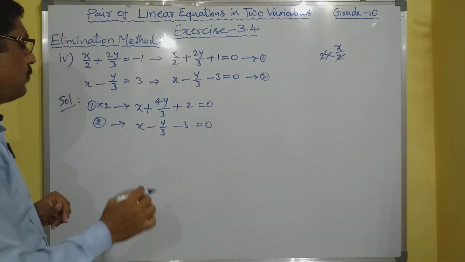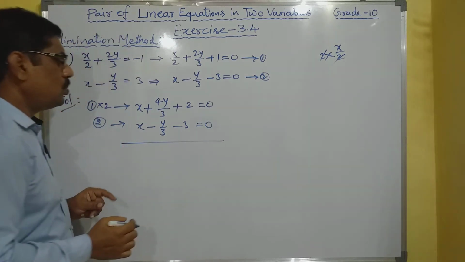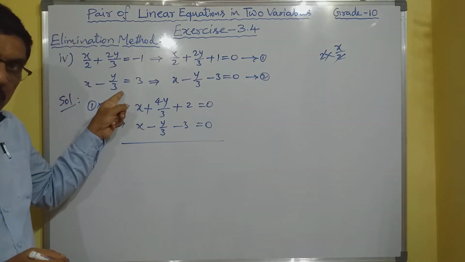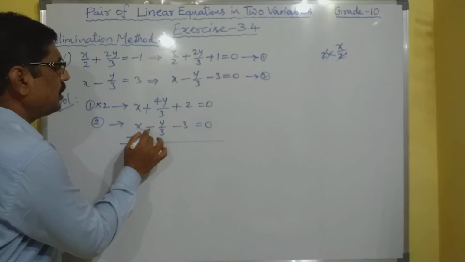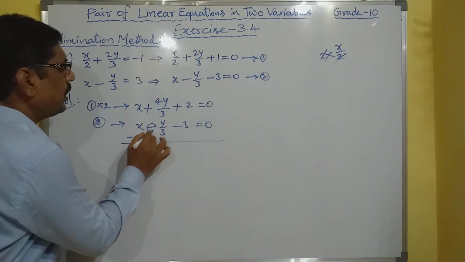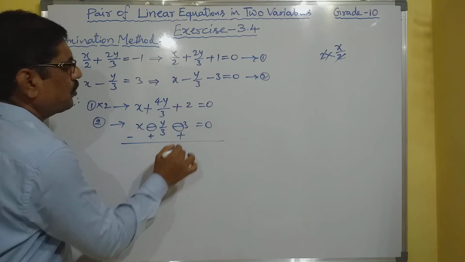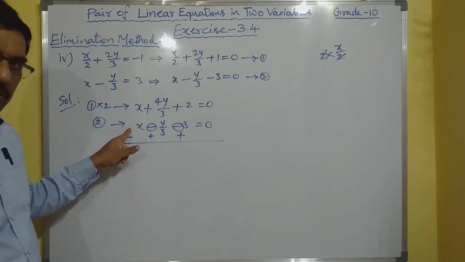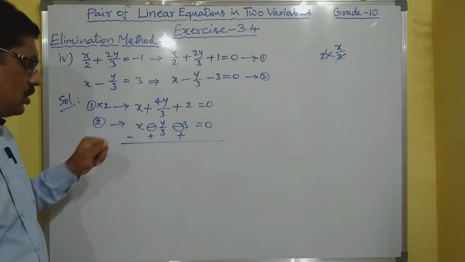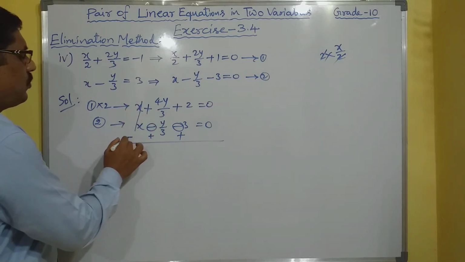Okay, now what we should do, in order to cancel the x terms, we should change the symbols of the second equation. Minus becomes plus, this minus becomes plus. Here there is no symbol, so if it is plus, it will be changed to minus. Now plus x minus x will be cancelled.